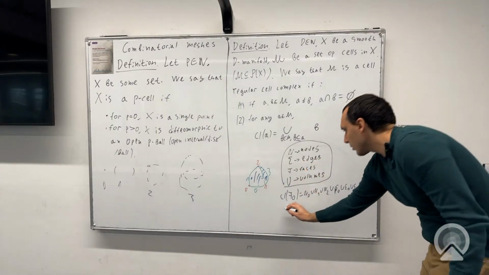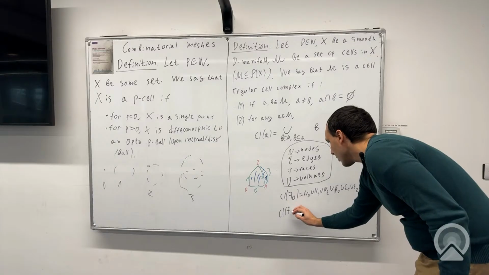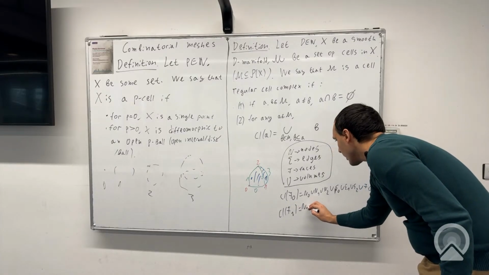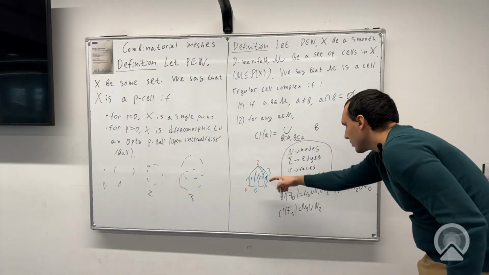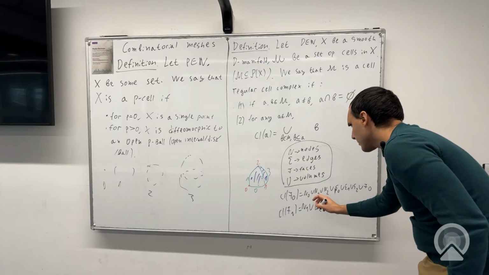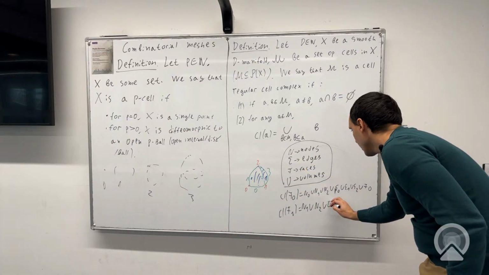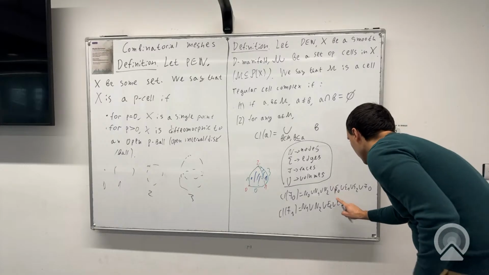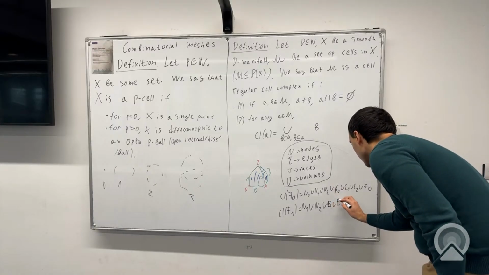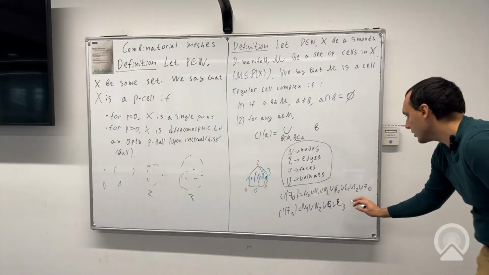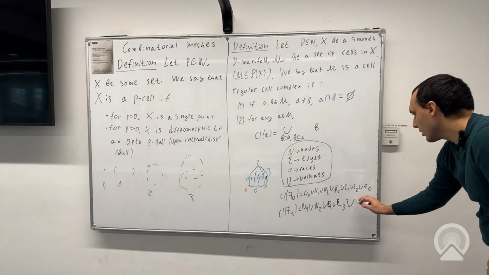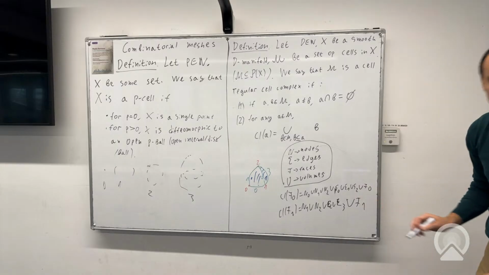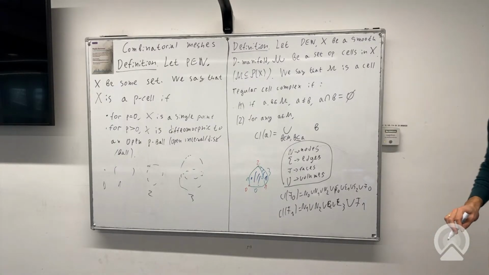And for example, the closure of F1 is N1 with N2, and then E2, E3. This should be curved. So then this is E, and also F1 itself. Okay.